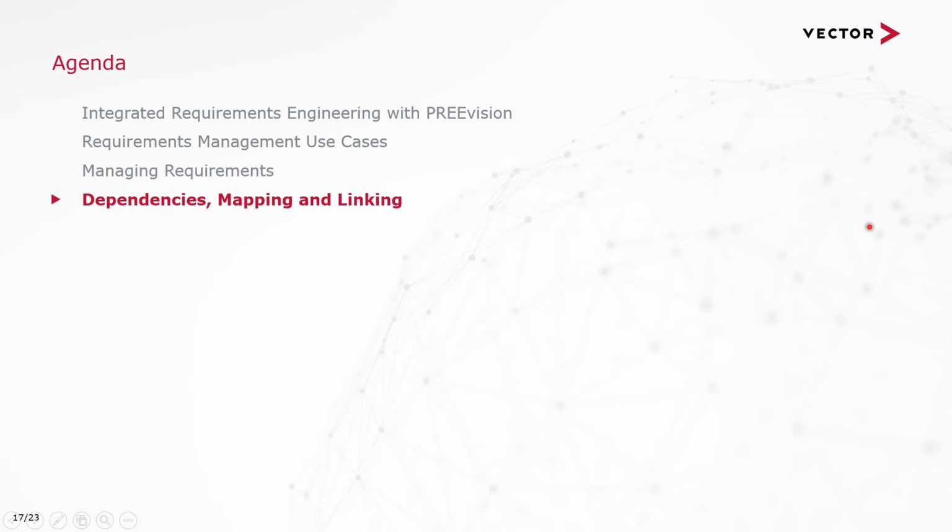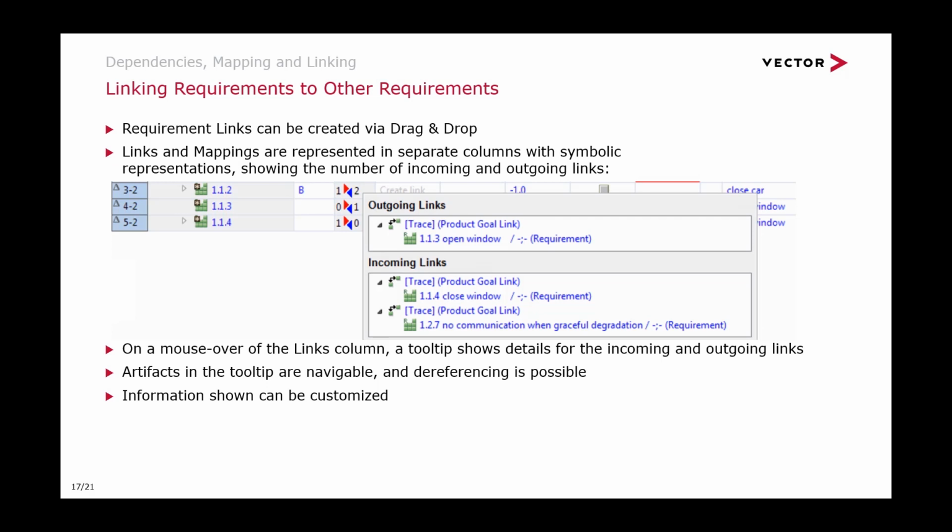So now let's talk a little bit about dependencies, mapping, and linking. So linking requirements to other requirements. We can create requirement links very simply just by drag and drop. You can drag a requirement, drop it on another one, and a flyout will come out and allow you to create that link. Links and mappings are represented in the requirements editing table as a separate column.